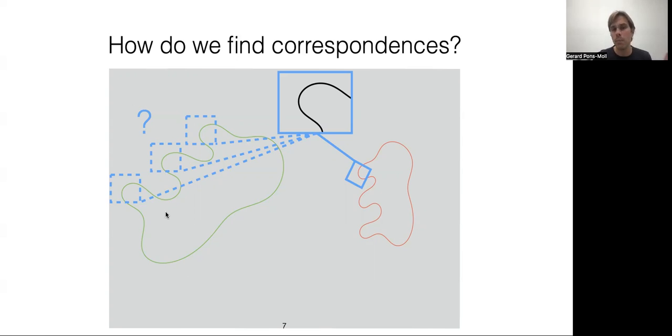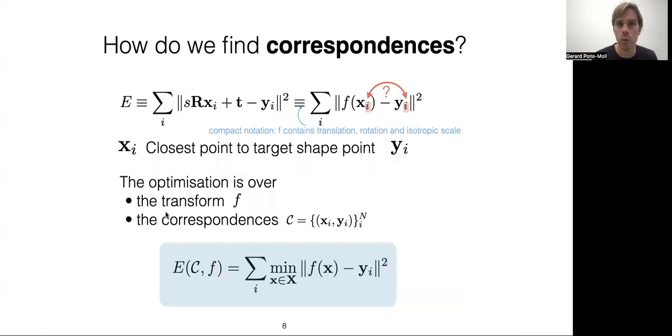So it's clear we need a more holistic approach to this, right? To find the correspondences, we should take into account somewhat the initialization, and we will see how to do this. So, okay, we have the following objective function, and here we cheated because we were assuming that for every point yi on the target shape, we know the corresponding point xi, but in practice, this is typically not known.